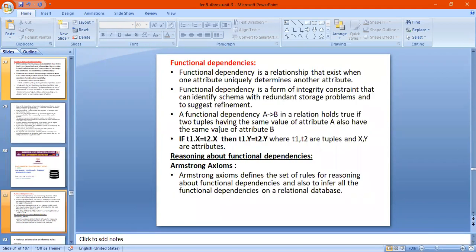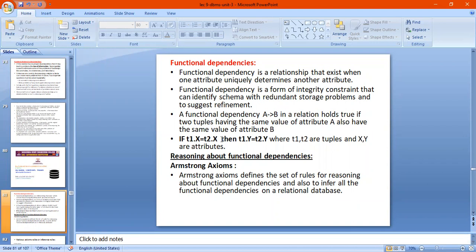So next, coming to functional dependency. Functional dependency is a relationship that exists when one attribute uniquely determines another attribute. Functional dependency is a form of integrity constraint that can identify schemas with redundant storage problems and suggest refinement.